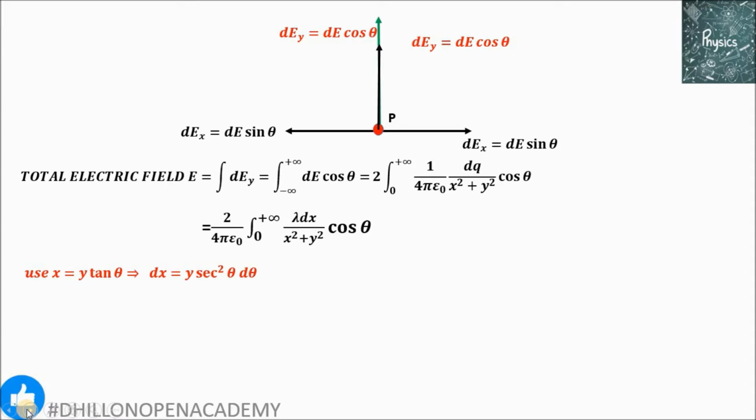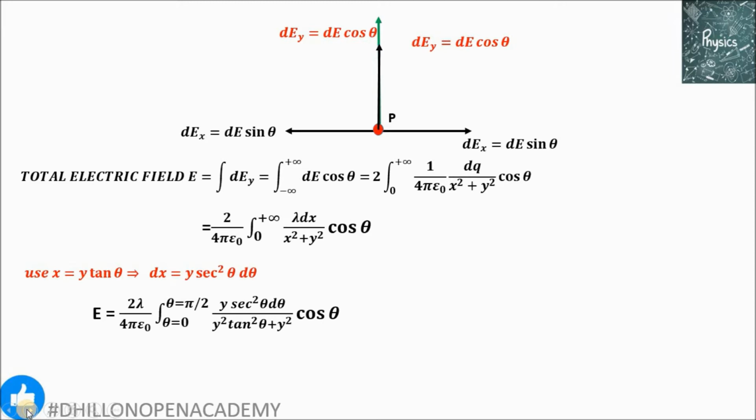In order to solve this integral, we substitute x equal to y tan theta, then dx will be y secant square theta d theta. Substituting this value and taking lambda outside the integral because it is a constant factor, we are left with the integral of y secant square theta d theta over y square tan square theta plus y square.